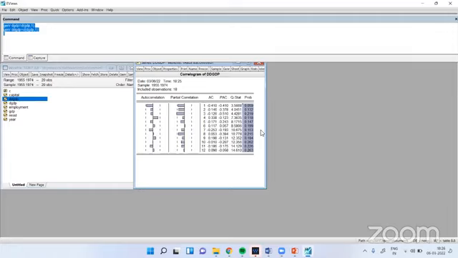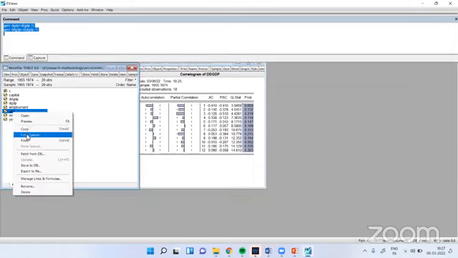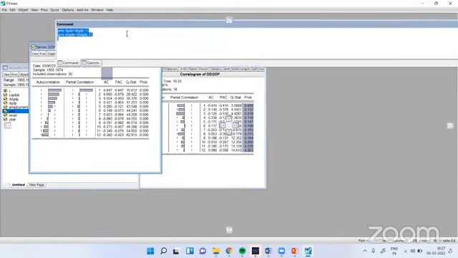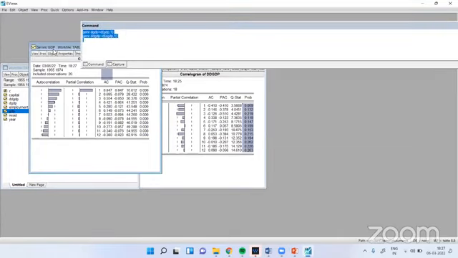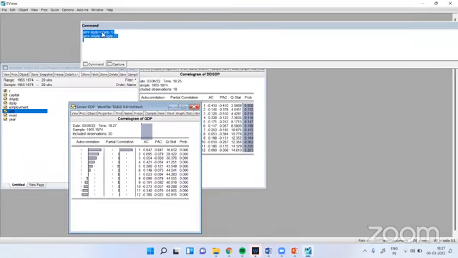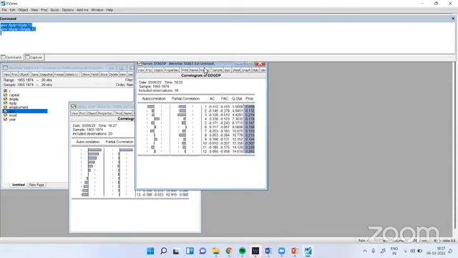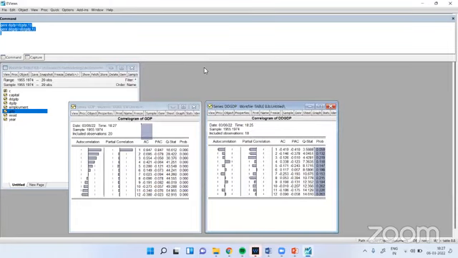But I am not clear. I want to ask you a question. There are two correlograms, right? This is the correlogram of the original series, and this is the correlogram of the differenced series.